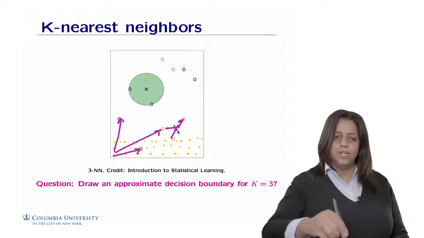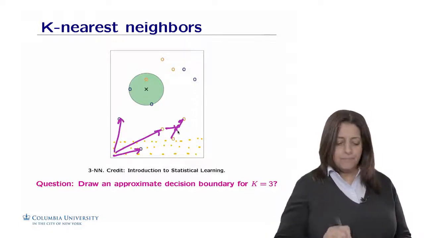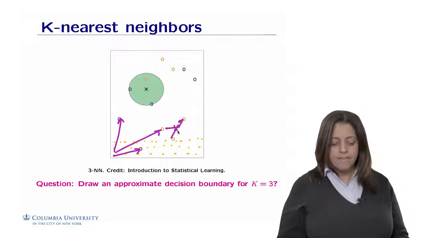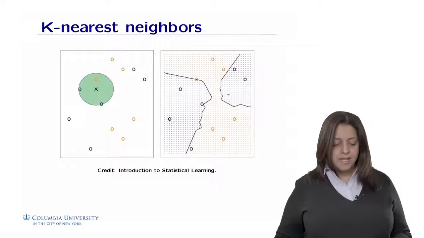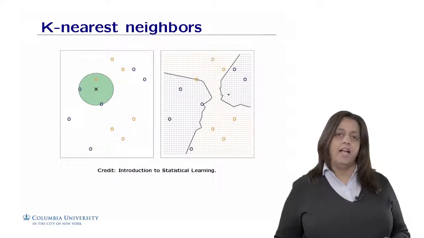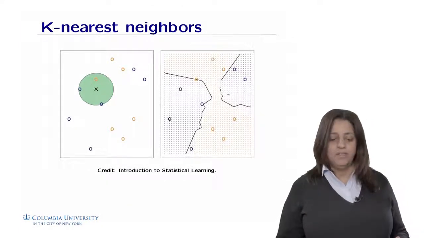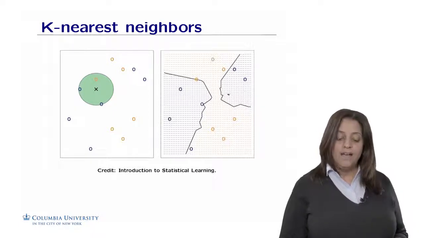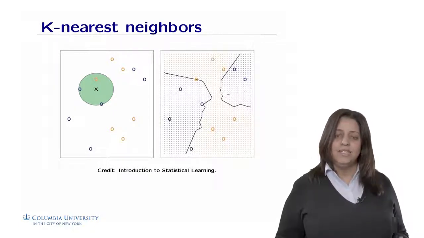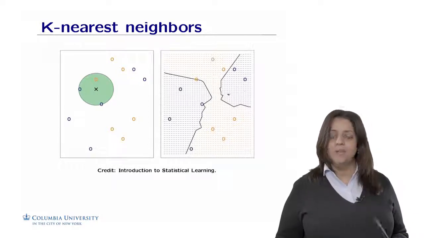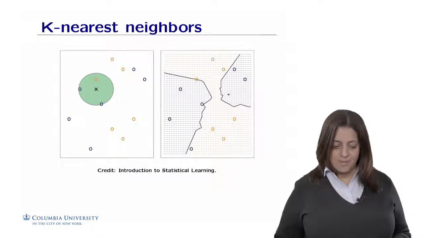For each point, I would look into the neighborhood of three neighbors and decide whether it's a blue or orange circle. If I do this, I will come up with a decision boundary that is just fictive. We don't really do it in k-nearest neighbors, but look at how nonlinear this decision boundary is. So implicitly, k-nearest neighbors is doing some nonlinear job in predicting the class of examples.